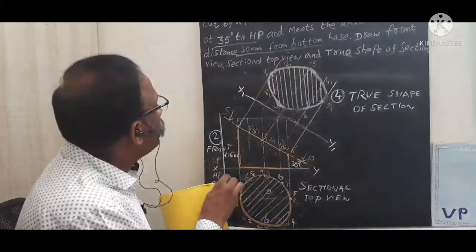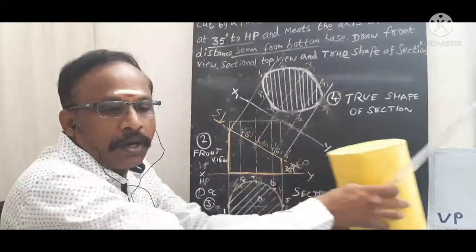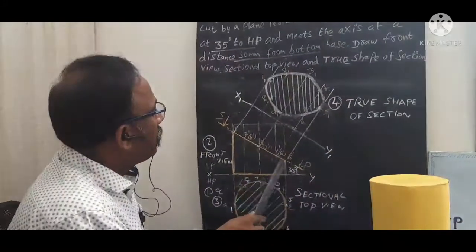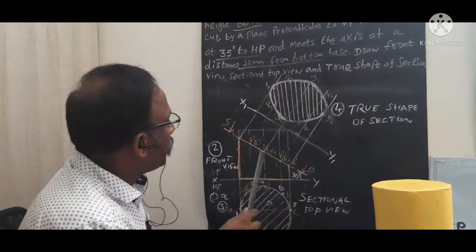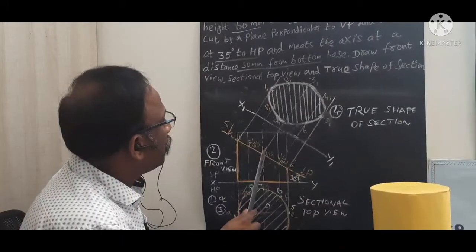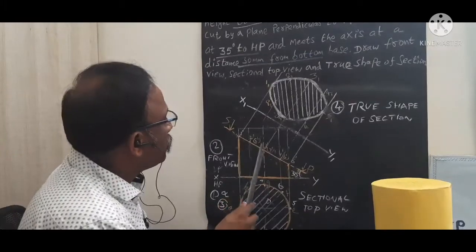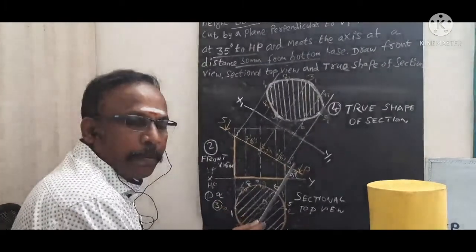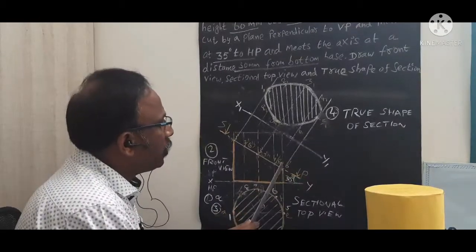Now we are going to draw this section plane. We are going to cut this solid at 35-degree incline to this HP. So we draw this 35-degree line here through this point 30 mm from the base. You need to mark this point. Then the cutting points are to be marked on the generator points. So 1 dash, 2 dash, up to 8 dash you need to mark.